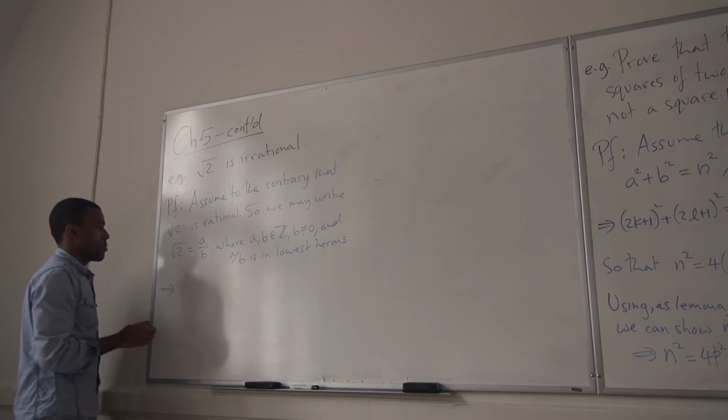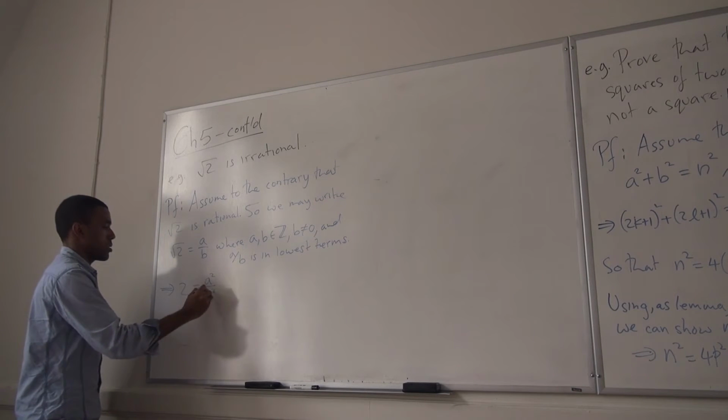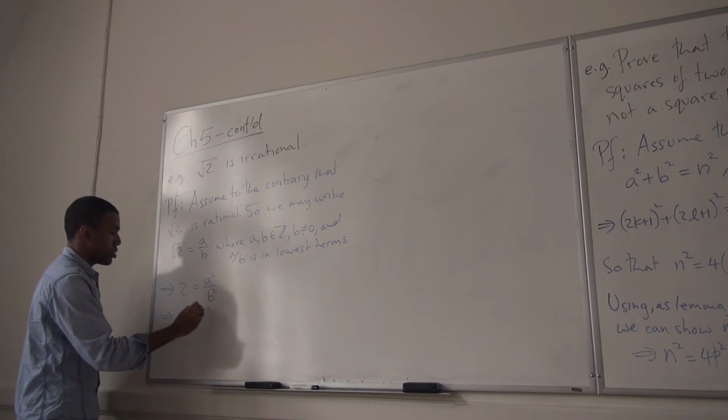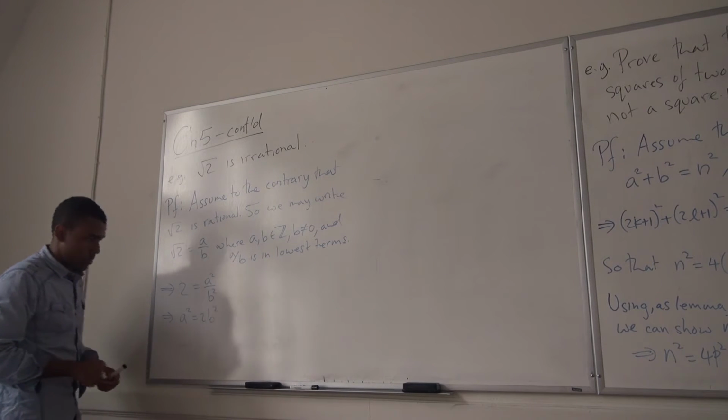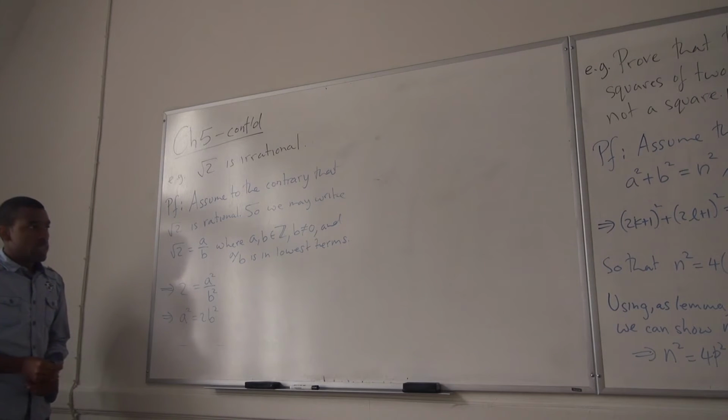This would mean then that you can square this, which would mean that a squared is actually equal to 2b squared, right? What can we say here? That's 2, not 4.